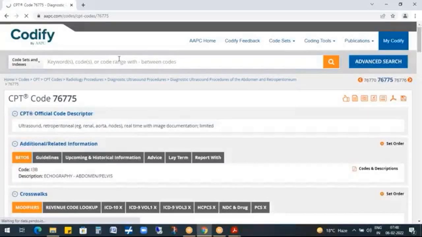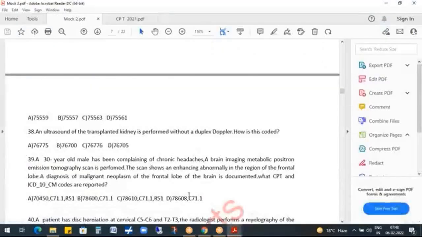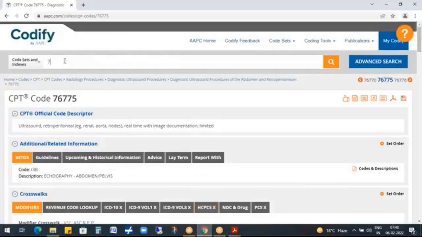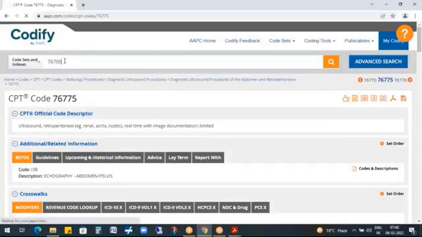Retroperitoneal renal is kidney. 76775 is ultrasound retroperitoneal, which may be renal or aorta, real time with image documentation, limited. 76700 is abdominal, real time with image documentation, complete. I am a little confused about whether it is complete or limited, since it is a transplanted kidney they are performing on.